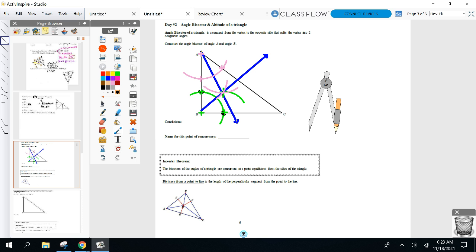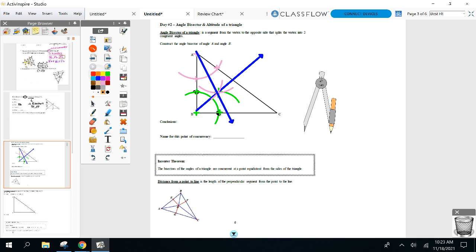Just for neatness' sake, I am not going to have you do the third angle and bisect it.